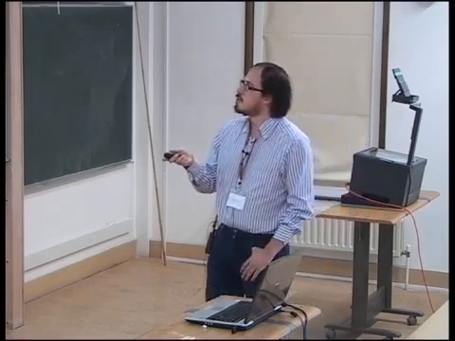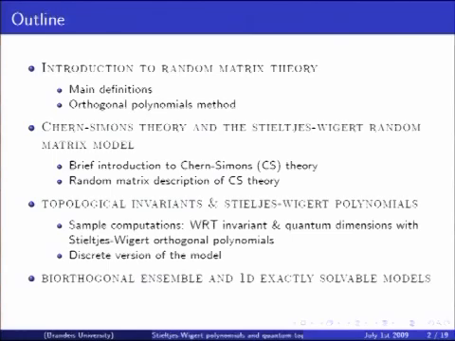Okay. So if there is time, I will also talk a little bit about the orthogonalization version of the Stieltjes-Wigert model, and how it's necessary if you want to compute a more complex invariant. And maybe very briefly, I will mention that there is a connection with one-dimensional exactly solvable models, which are not well known.